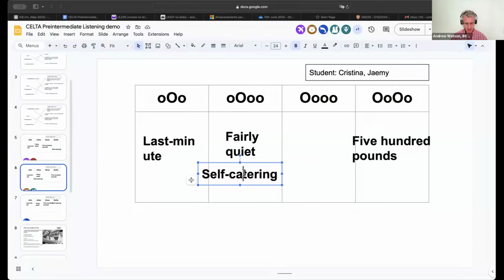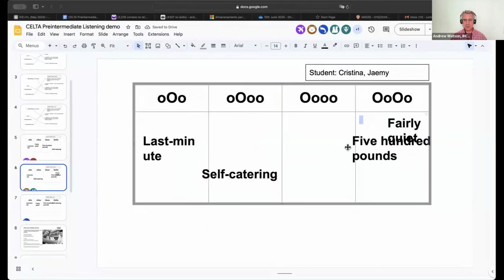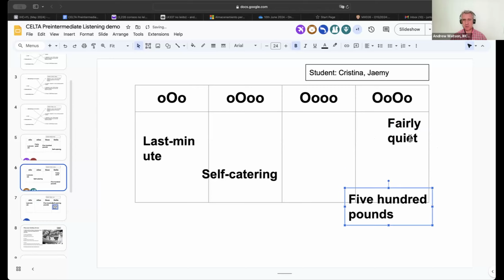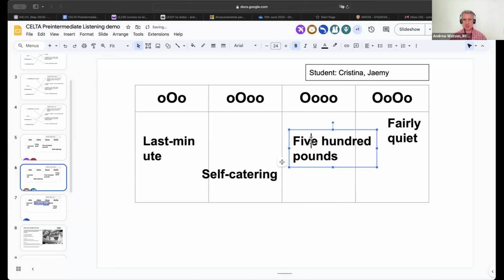But fairly quiet would be this one because you've got 4 syllables in total, but the stress is on the first syllable in each word. The main stress, fairly quiet. £500 would be the one in the middle because we stress the 5 to differentiate it.